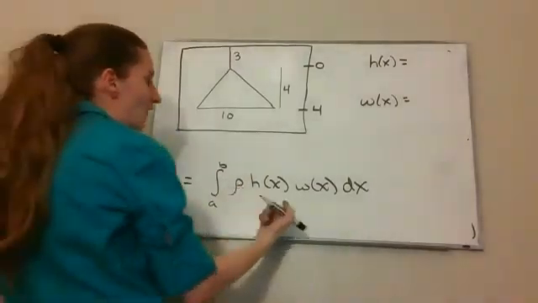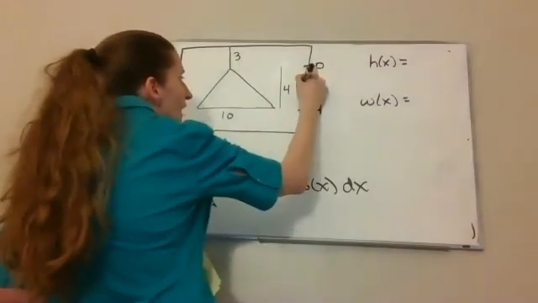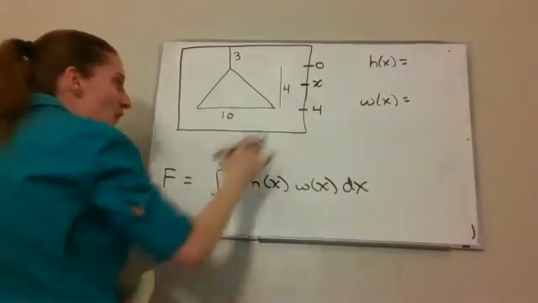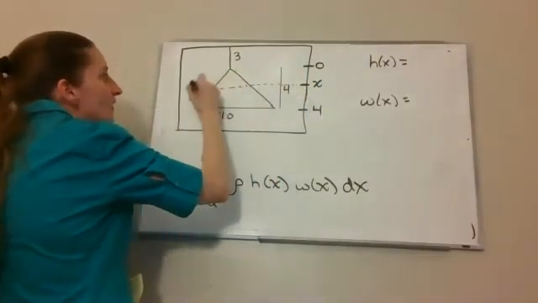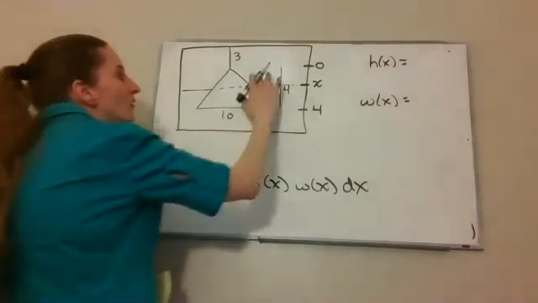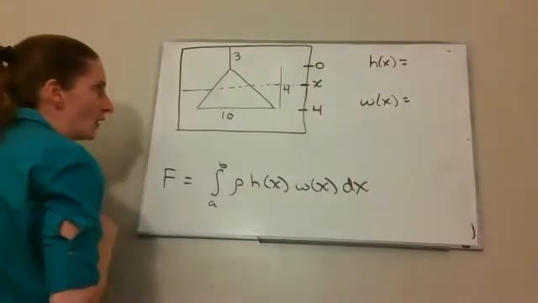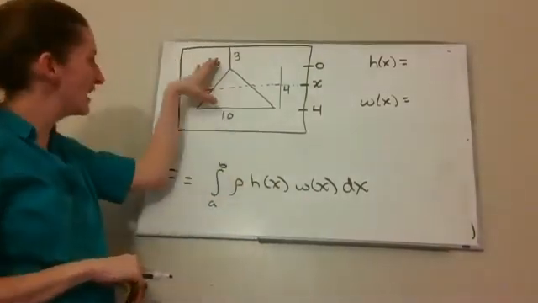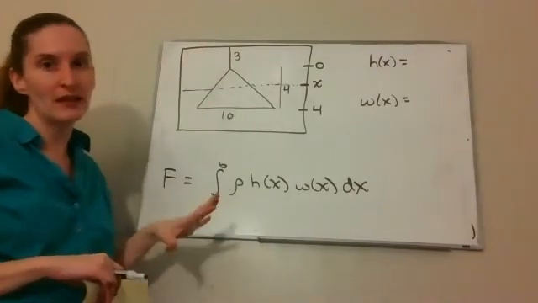Let's find our H, the depth. Let me just choose some point X in my interval. And what is the depth of this point on my surface when I have X chosen between 0 and 4? Well, you might think it's X, but it's actually a little more because my entire triangular plate is submerged completely in this oil.